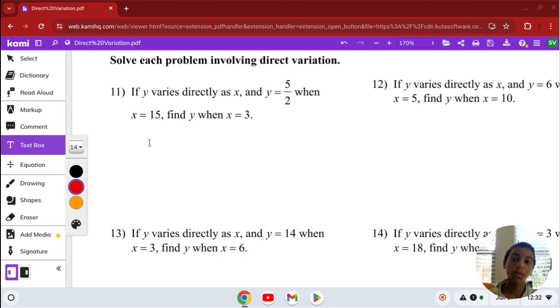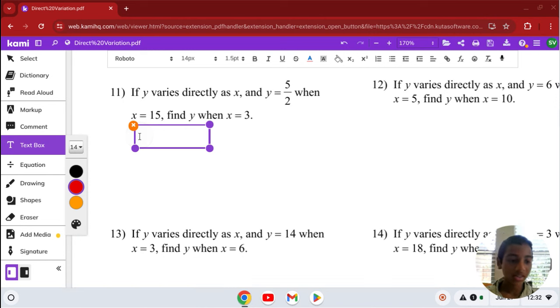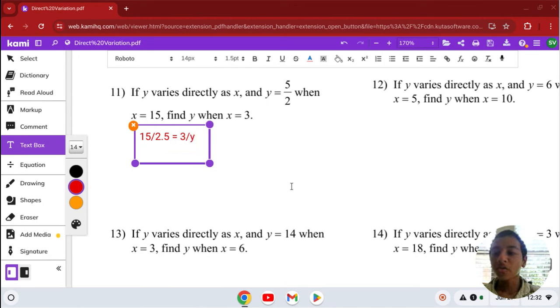You can set up a proportion. I'll show you how. It's the old x over the old y, equals the new x over the variable we need, the new y. So it's 15 over 2.5 equals, we need to find y when x equals 3, so 3 over y. 15 over 2.5 is 6.